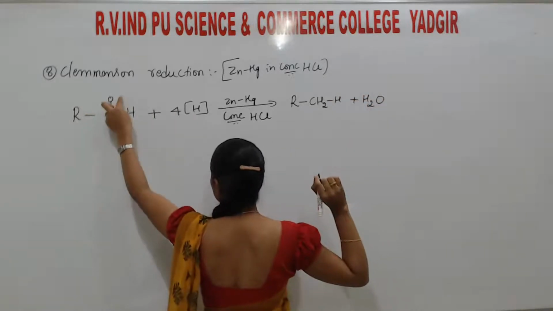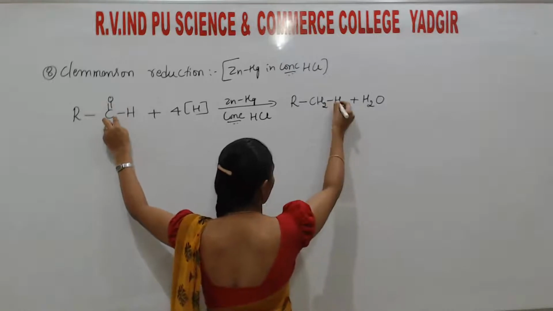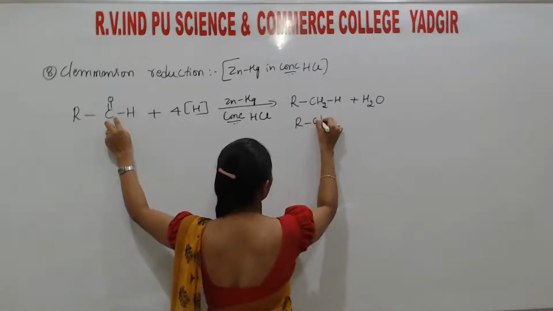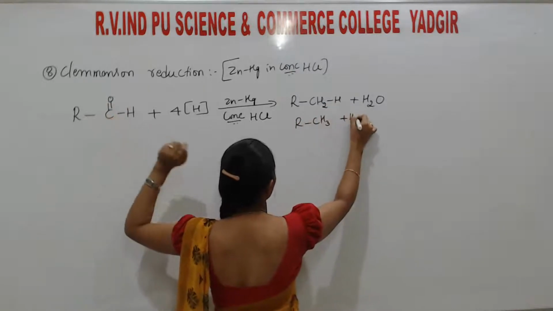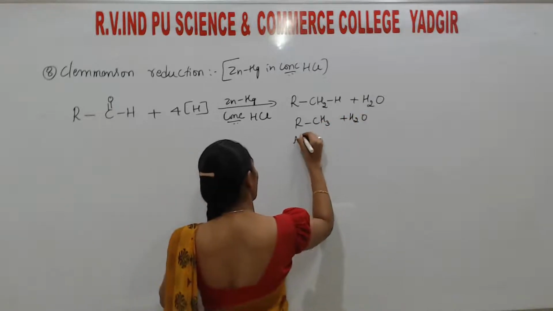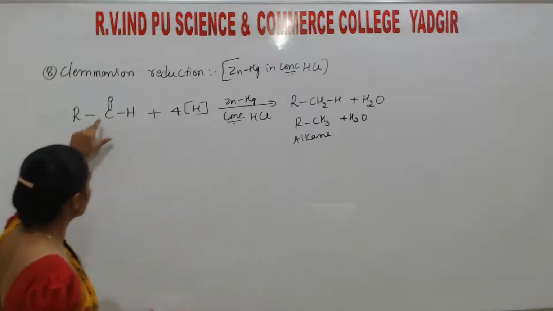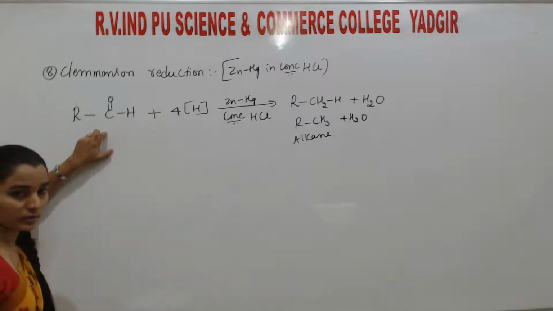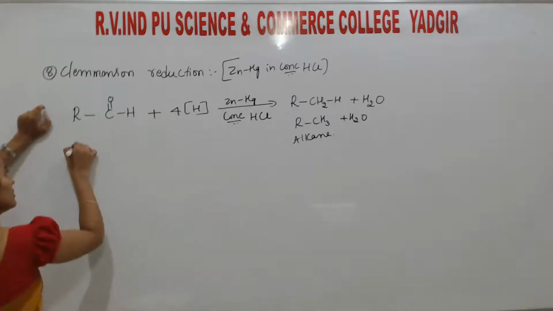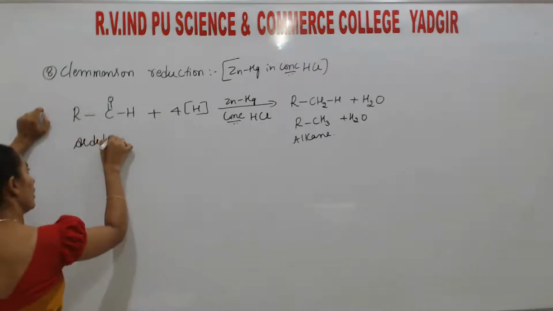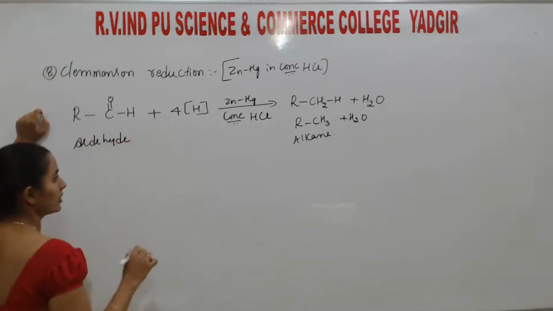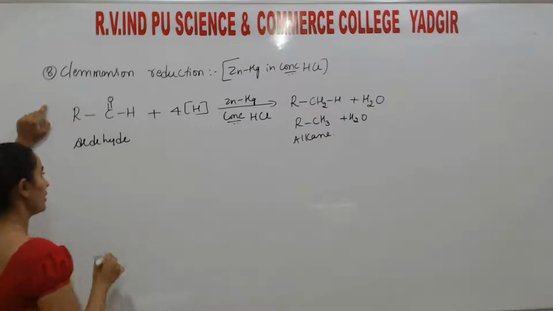Here oxygen is completely removed and H2 is added. So we can simply write it as RCH3 plus H2O. This is an alkane. This is in case of aldehyde: aldehyde on reduction gives alkane.